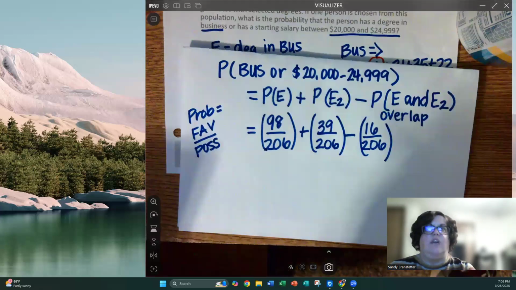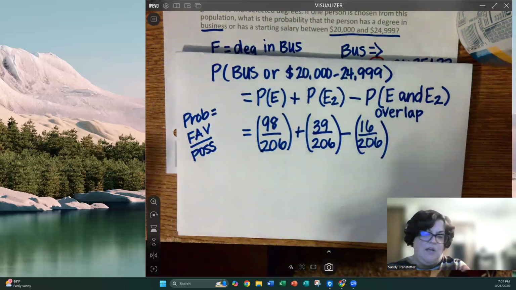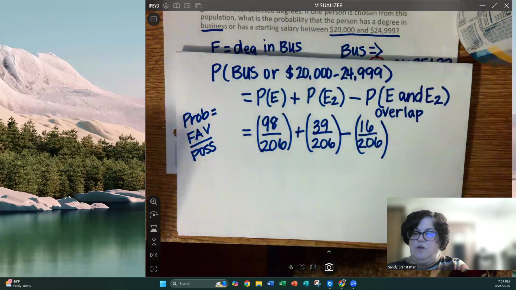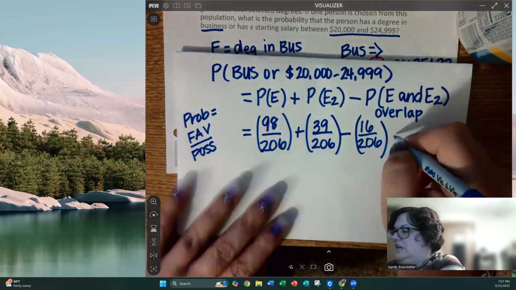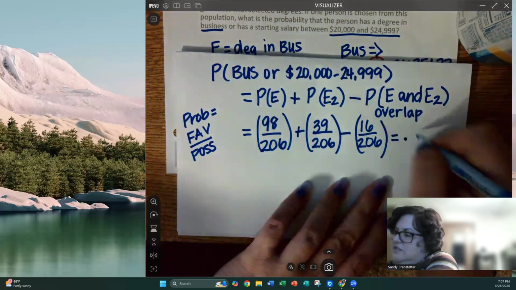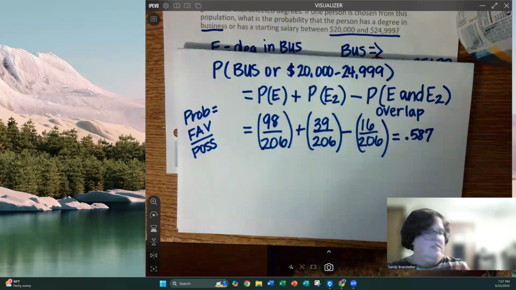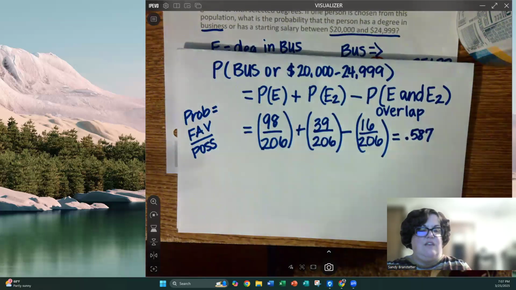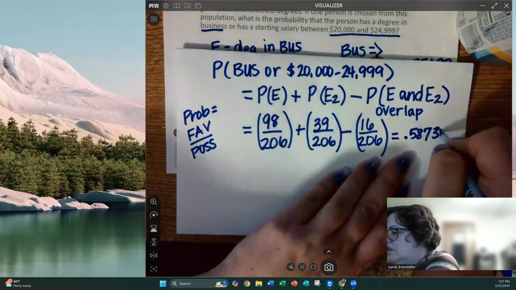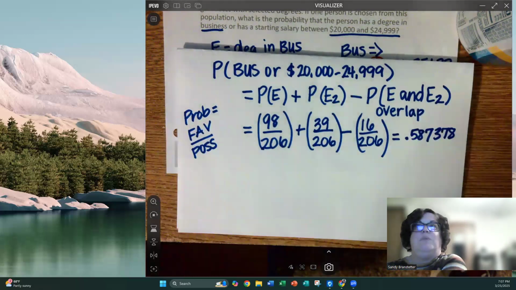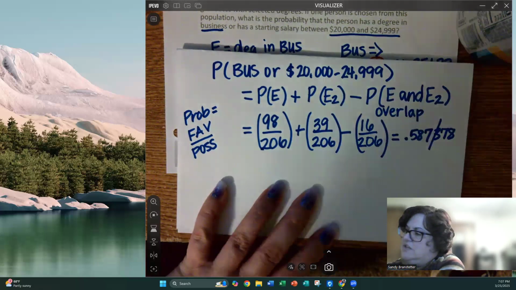Or if you're using your ABC button or that square over square button, that should work as well. And then I get a decimal answer of 0.587,378. And it continues, but remember, we only need 3 decimal places if it doesn't tell us otherwise.